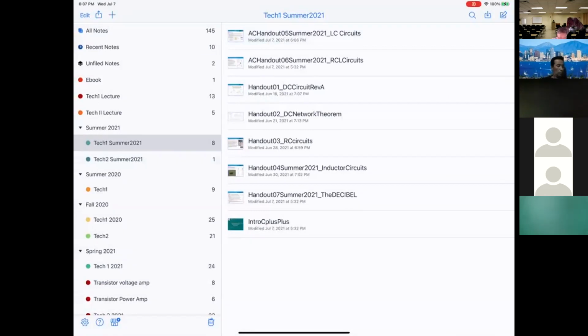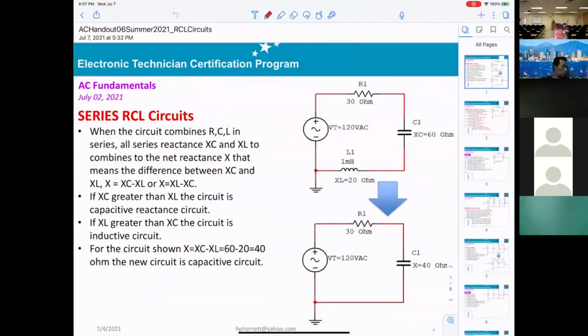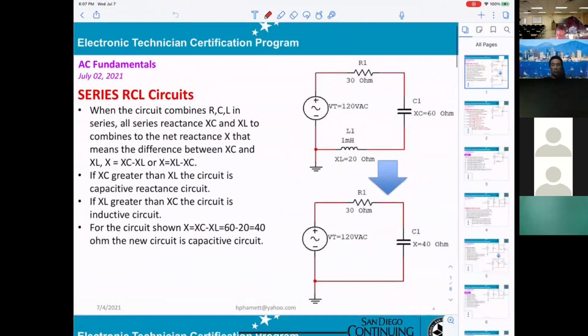Now we can go to the next one, RCL. Okay, this is the RCL circuit. If you understand the basics of RC circuitry and RL circuitry, then it will be no problem working on RCL.